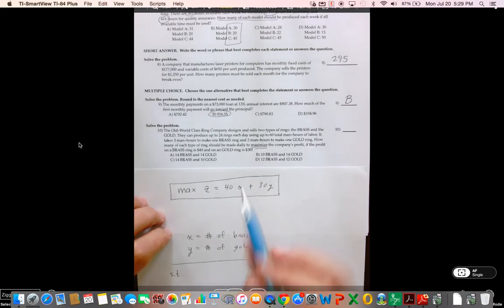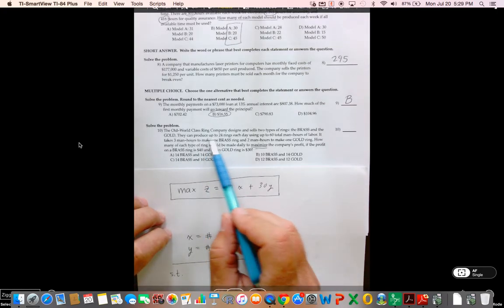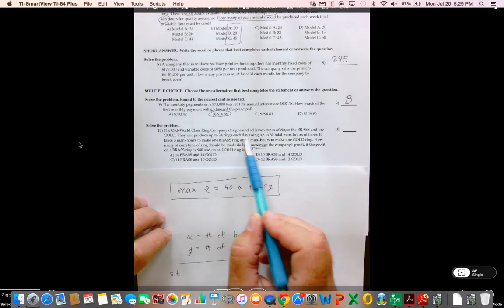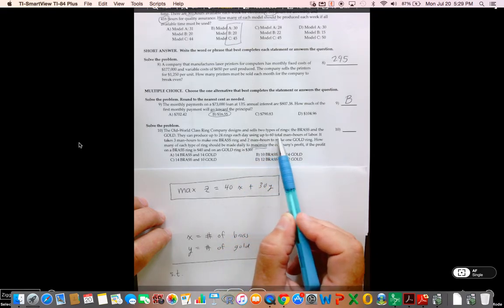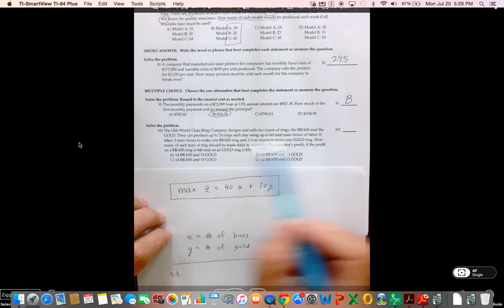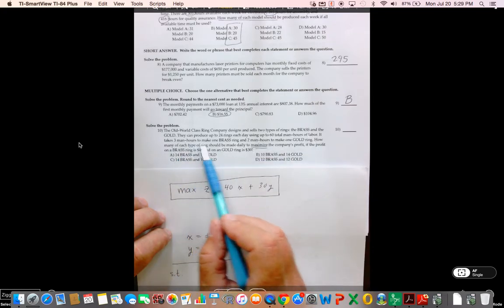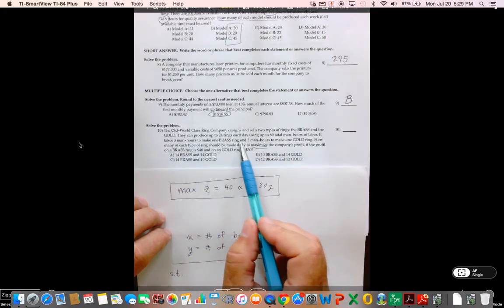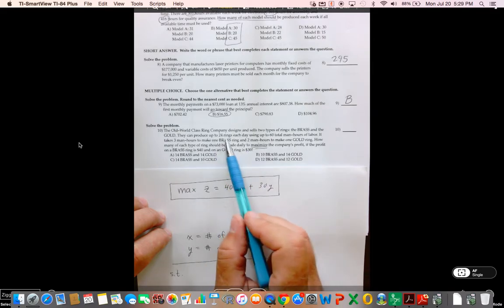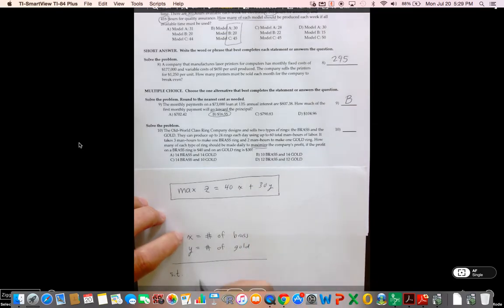Now, I can see that they can produce up to 24 rings each day using the 60 total man-hours of labor. It takes 3 man-hours to, so they can produce up to 24 rings per day.